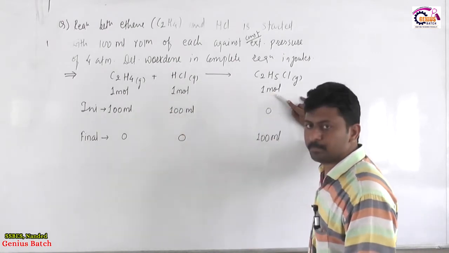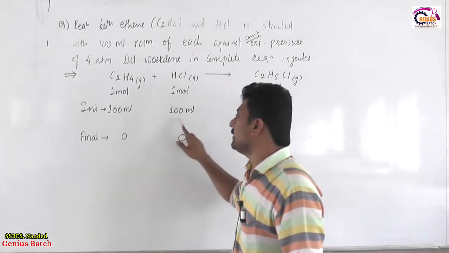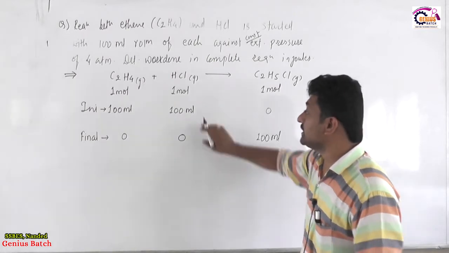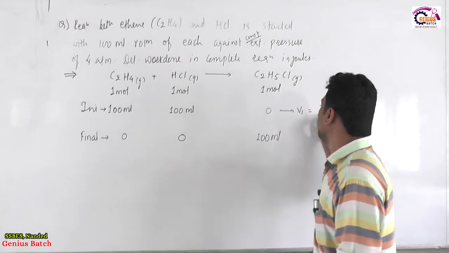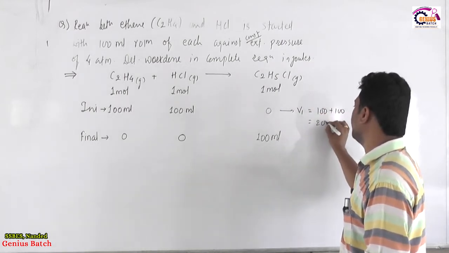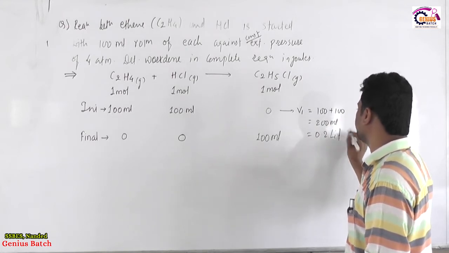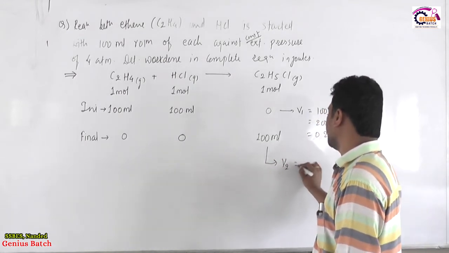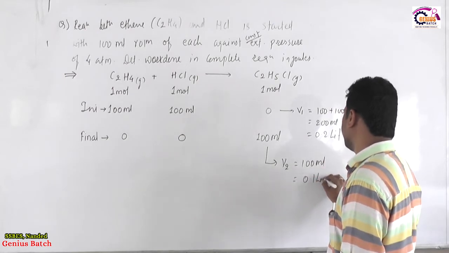So 2 moles convert to 1 mole of product. Likewise 200 ml volume will convert to 100 ml only. Now this is the initial volume V1, which is 100 plus 100, meaning 200 ml. We could write this as 0.2 liter. And this is our final volume V2, which is 100 ml, can be taken as 0.1 liter.